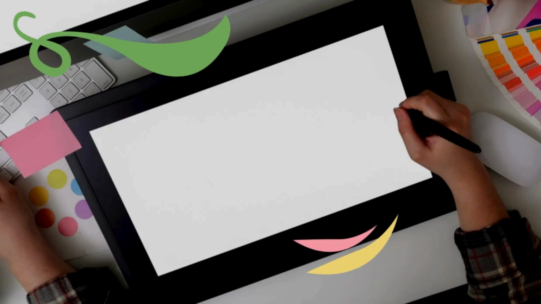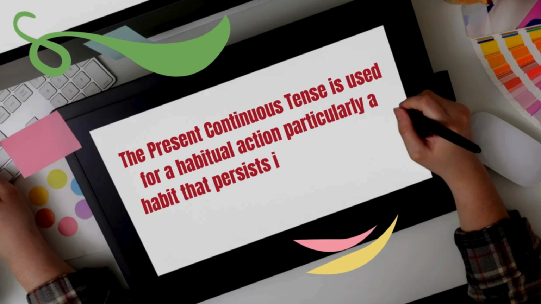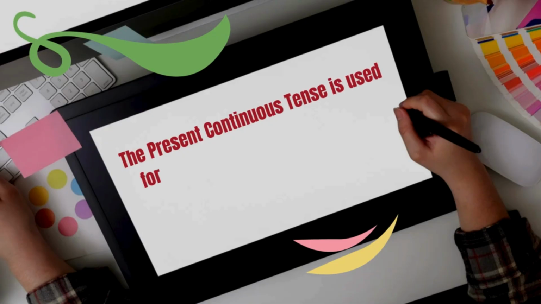If I put the same point in a different way, it will sound like this. It has been pointed out before that the simple present is used for a habitual action.